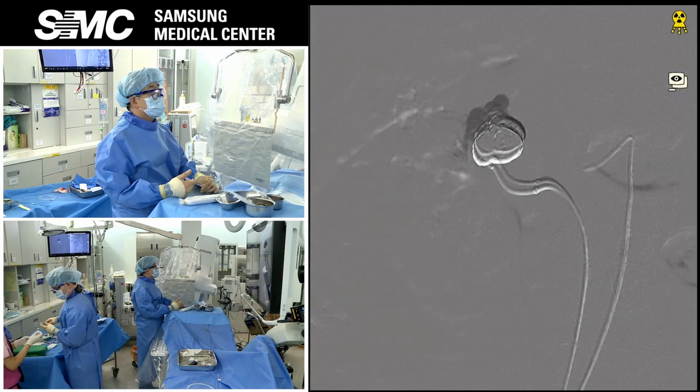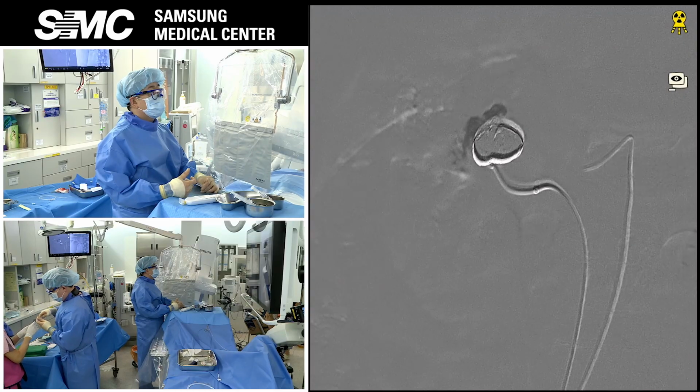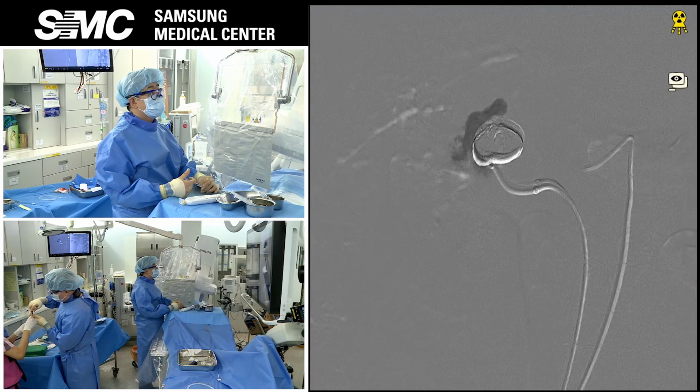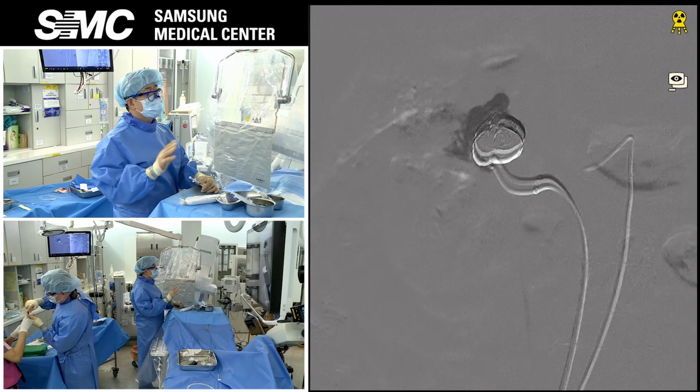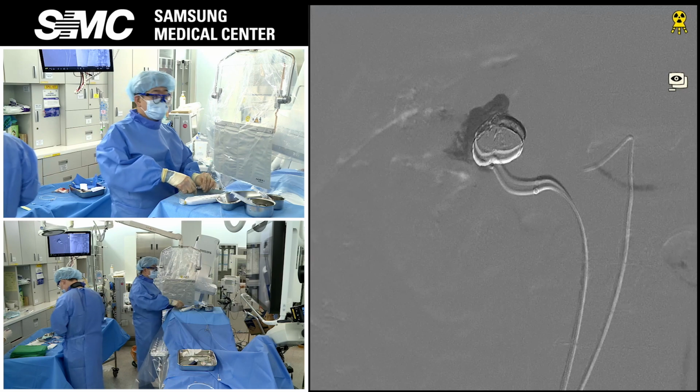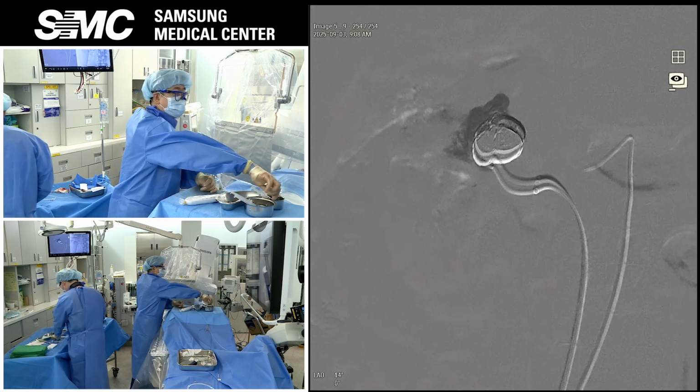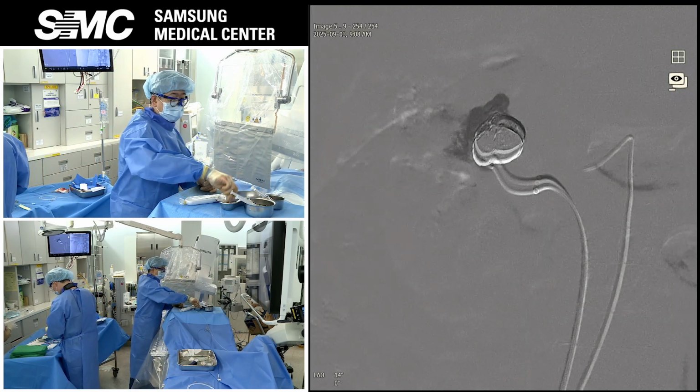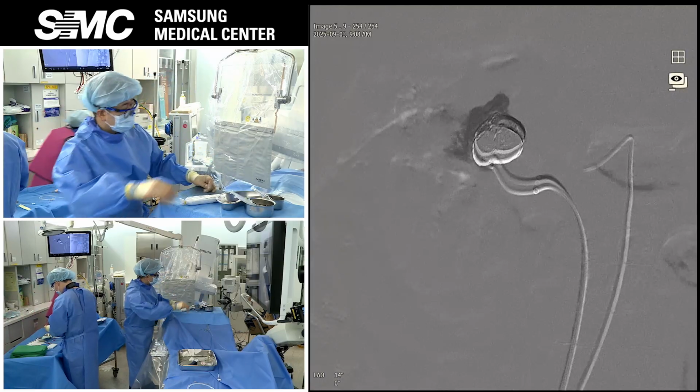Under fluoroscopy, a very small amount of ethanol is sufficient to embolize the adjacent feeding artery. So I will use a very small amount.